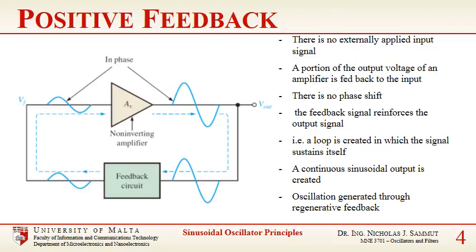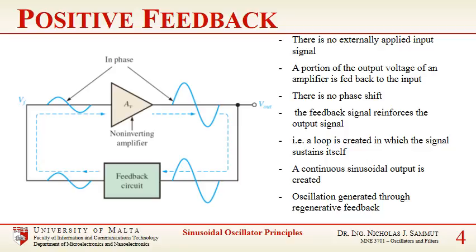Let's look at positive feedback in some more detail. In positive feedback, there is no externally applied input signal. You also have a portion of the output voltage of an amplifier fed back into the input, and there is no phase shift. The feedback signal reinforces the output signal, and a loop is created in which the signal sustains itself.